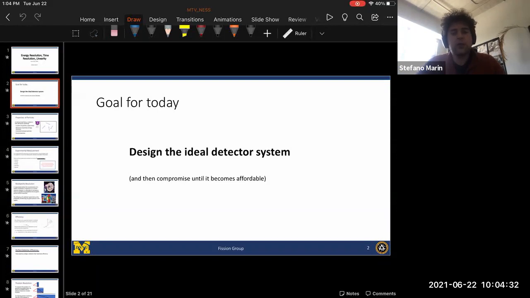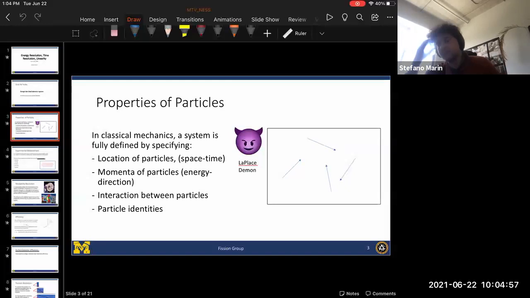There is really no such thing as an ideal detector in real life, something that does everything perfectly. But based on the application, you can design a detector that does certain things very, very well.